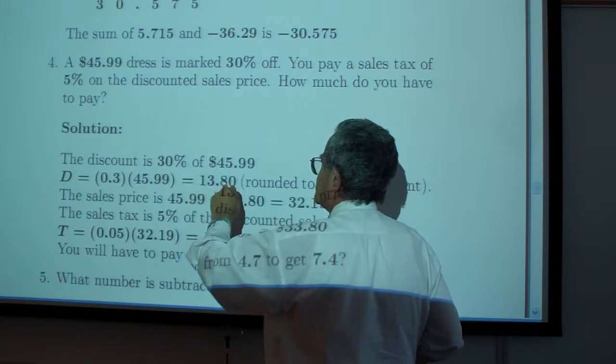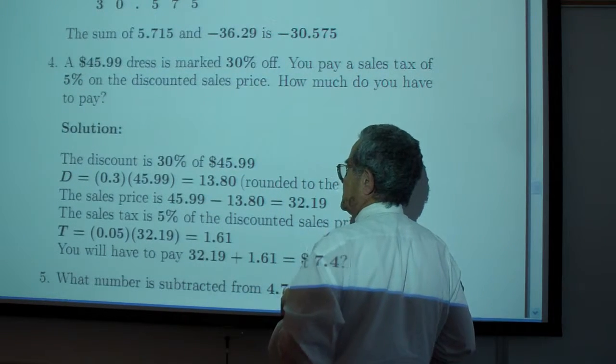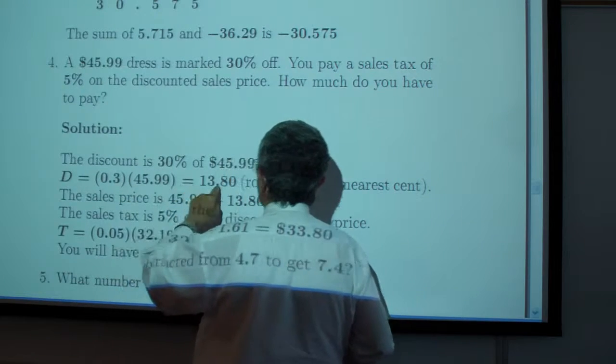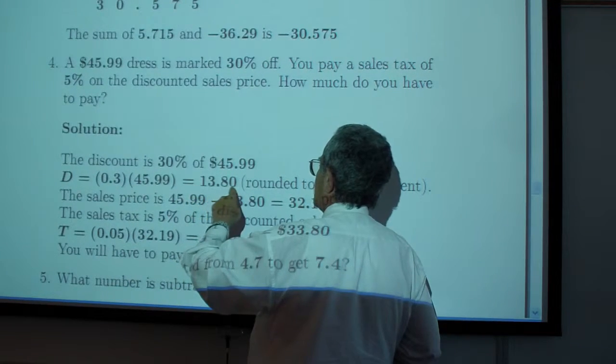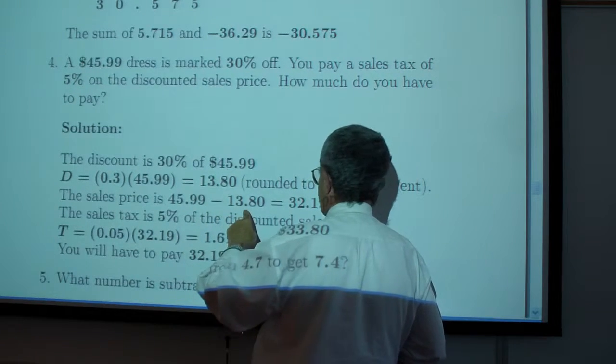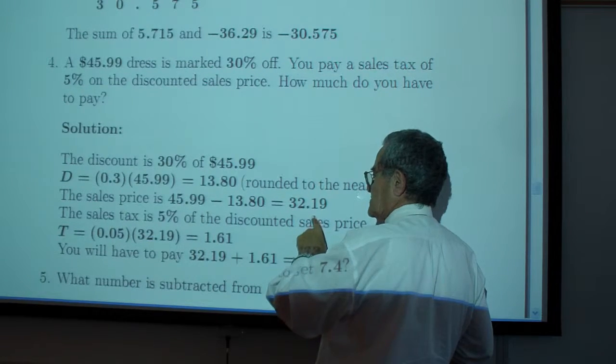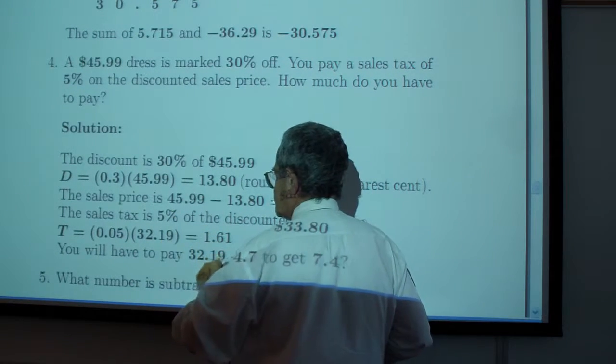The discount is 30% of $45.99. Of means multiplication, comes out to be about $13.81. That comes off the dress, and you only have to pay $32.19, but you pay a 5% sales tax.